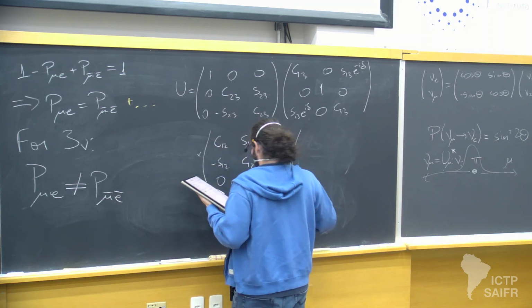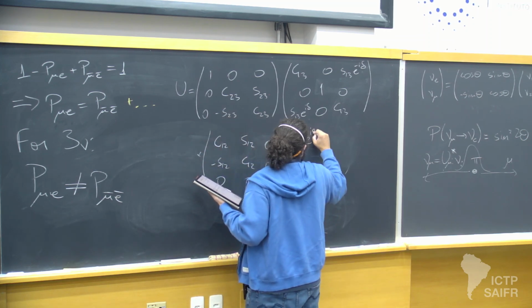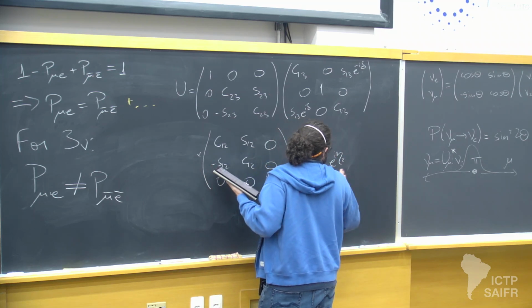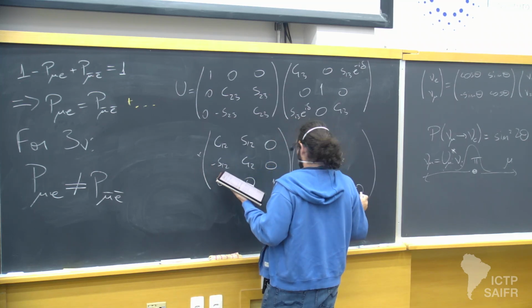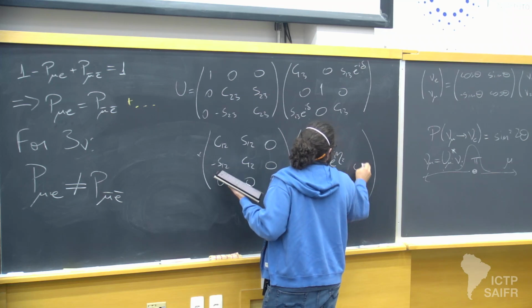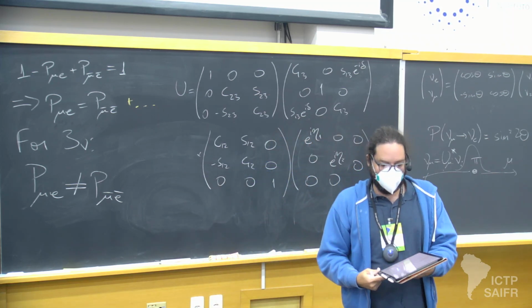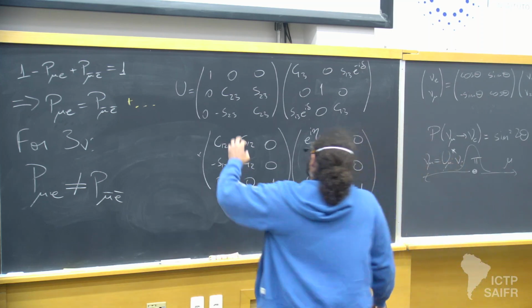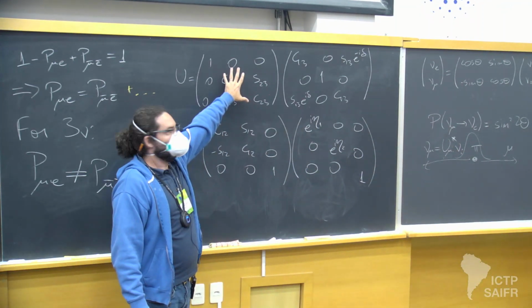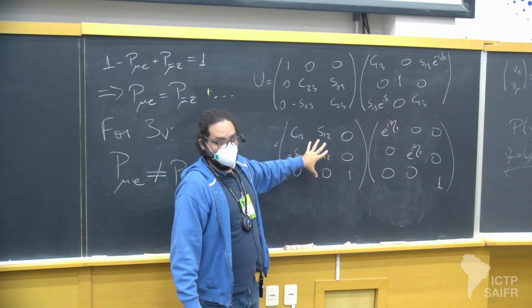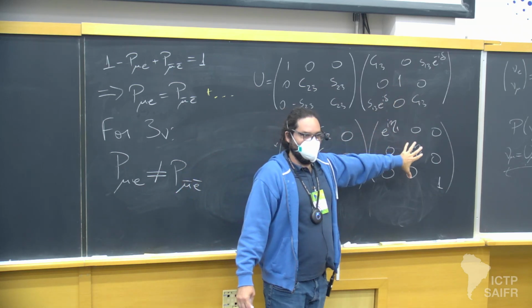And there is actually one more thing that shows up here, which I may not have time to talk about. So this is called atmospheric mixing, reactor mixing, solar mixing, and the Majorana phases.